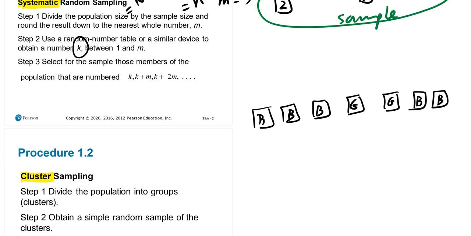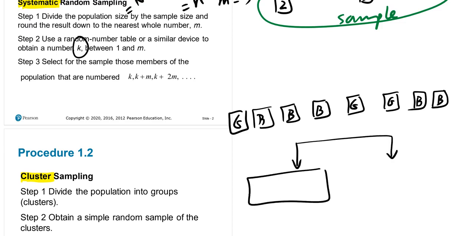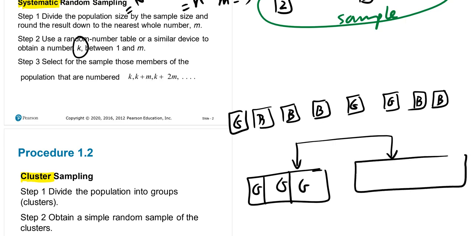So these are the students in my class, and maybe add one more girl. This is my entire population. I'm going to divide this population into 2 groups. One group is for the girls. So we have how many girls? 1, 2, 3. The boys, 1, 2, 3, 4, 5. 5 boys and 3 girls.